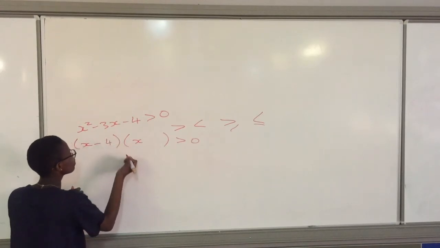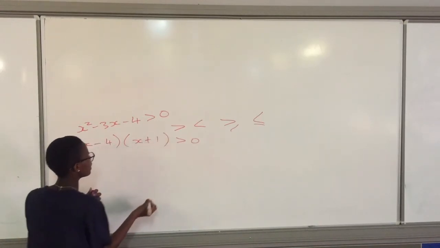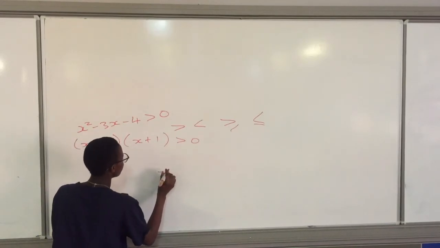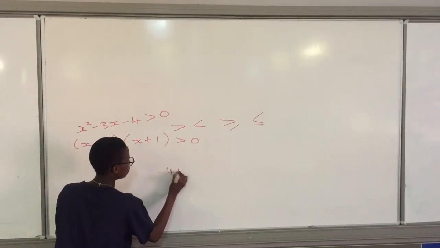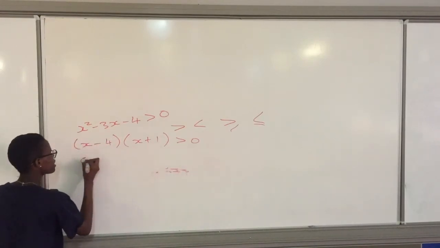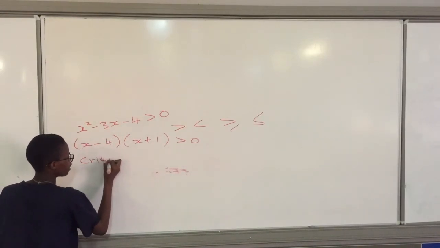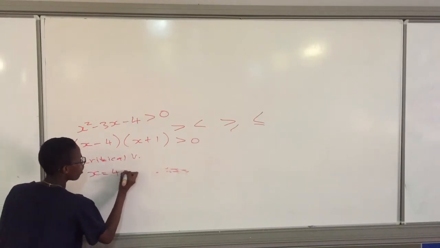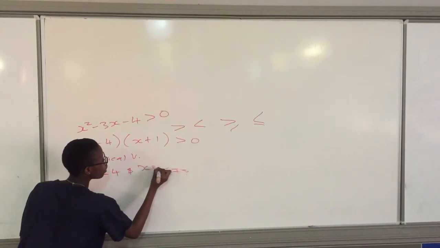Minus 4 plus 1. Let's see. Minus 4 plus 1, how much is it? Yeah, it's perfect. So you have to find the critical values. Critical values: x equals to 4 and x equals to minus 1.